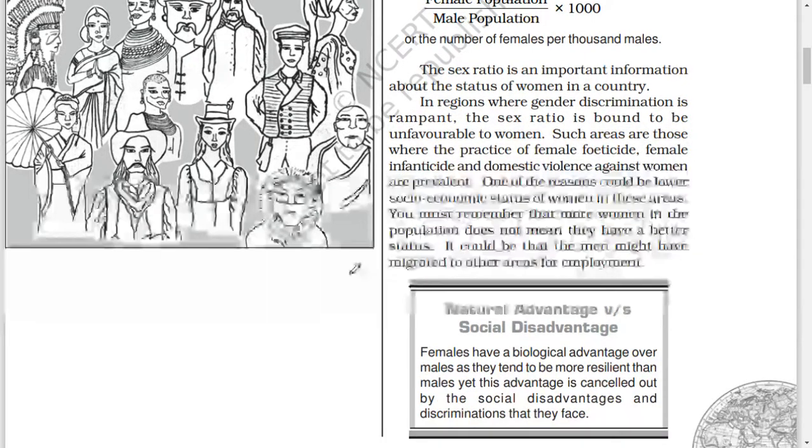One of the reasons could be lower socio-economic status of women in these areas. You must remember that more women in the population does not mean they have a better status. It could be that the men might have migrated to other areas for employment.